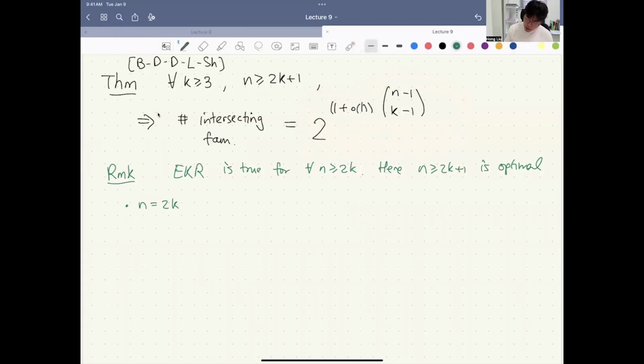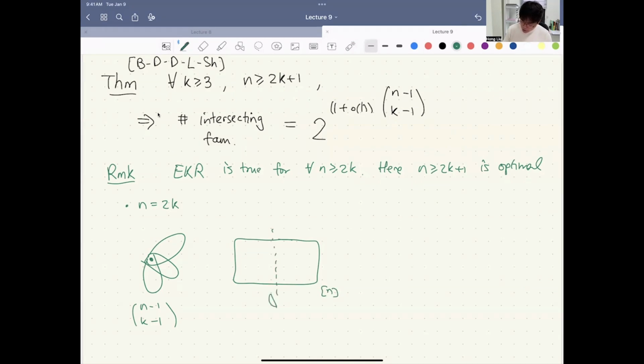Why? When n equals 2k, apart from this trivial family of intersecting sets that all share a common element, there's another extremal family. This is of size n minus 1 choose k minus 1, right? There's another family that looks like this. You have n as the ground set. You can always cut it into halves of size k here, since n equals 2k.